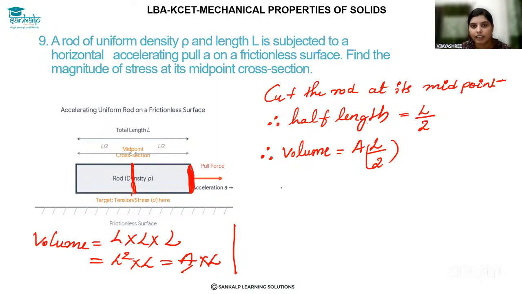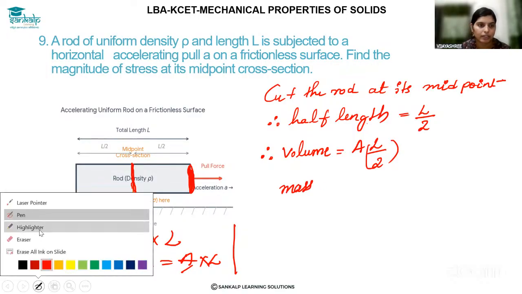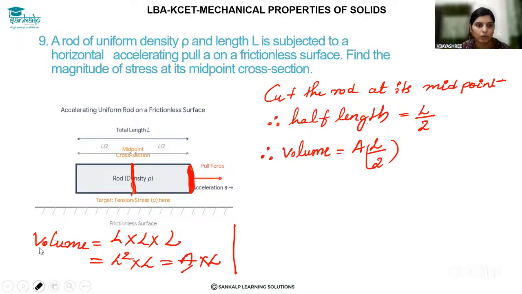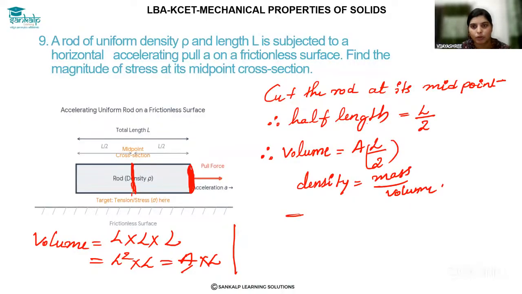So what is the mass? We know the formula: density is equal to mass divided by volume, which implies mass is equal to density into volume. The density will remain the same when you cut the rod exactly at the midpoint.